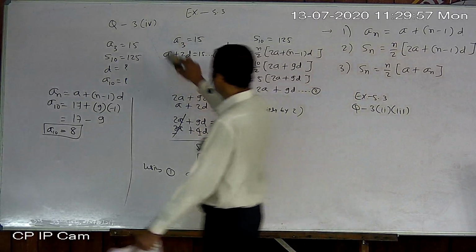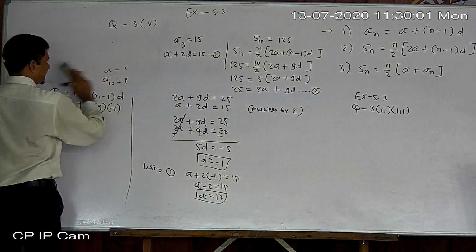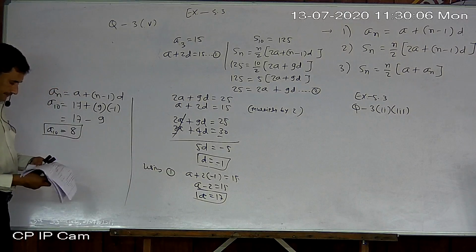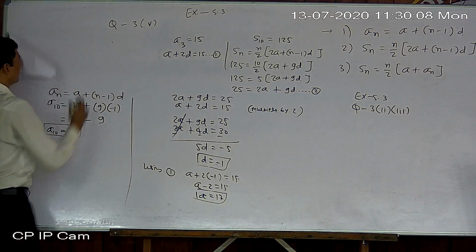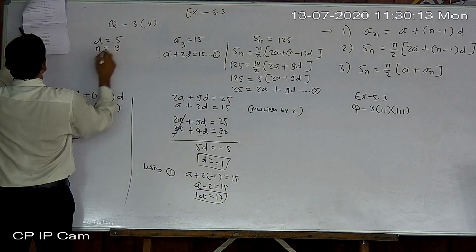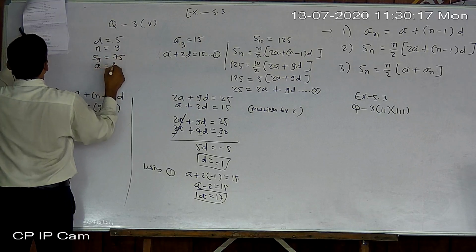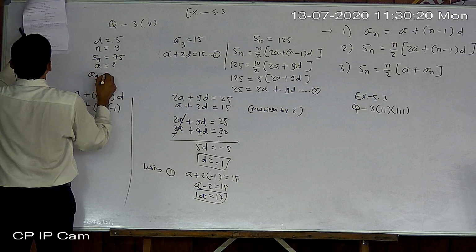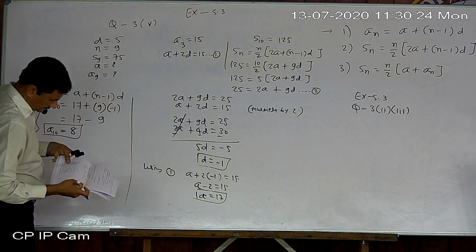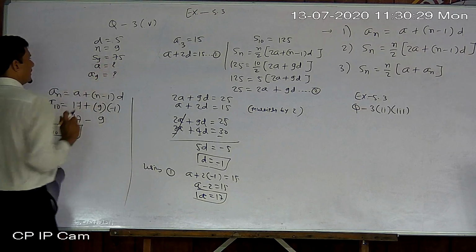First of all, we look carefully. How is it possible? Number 5: d is given, n is also given, 9, and Sn, meaning S9, is given. We have to find a and a.